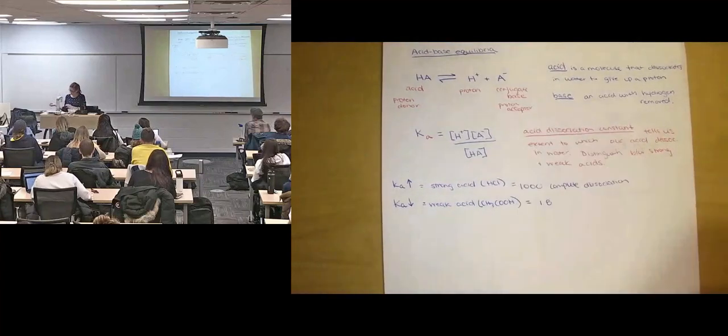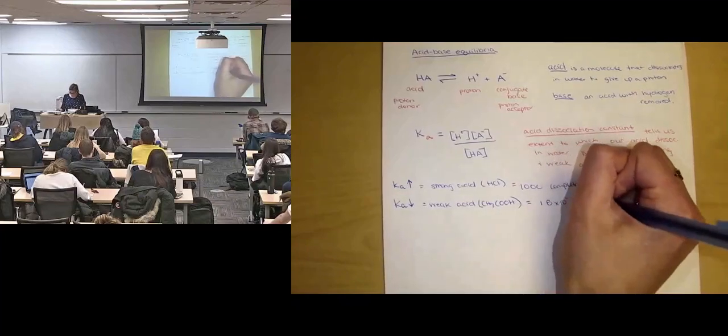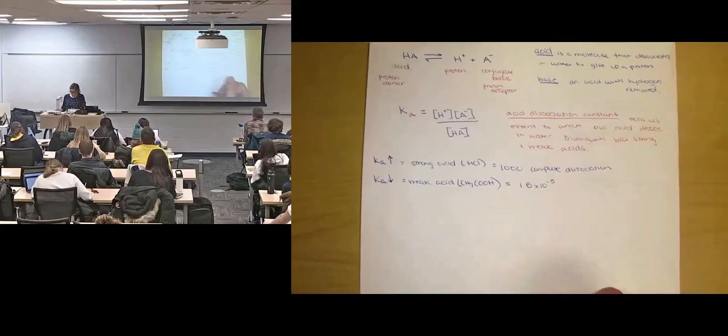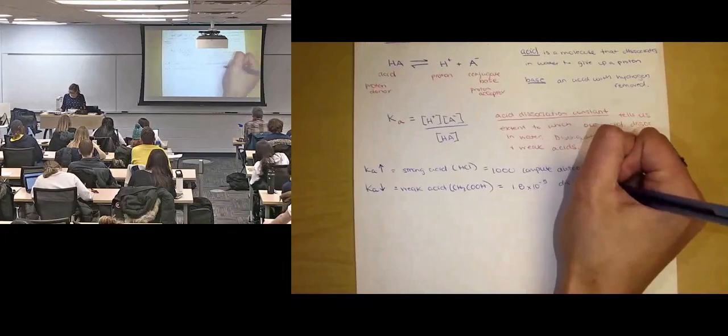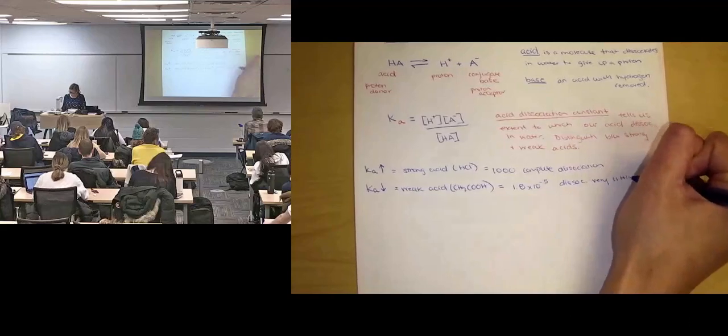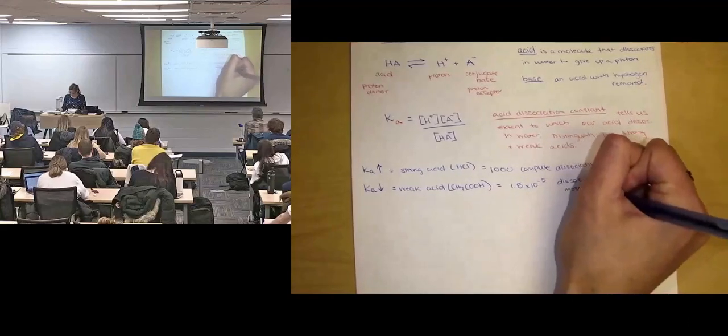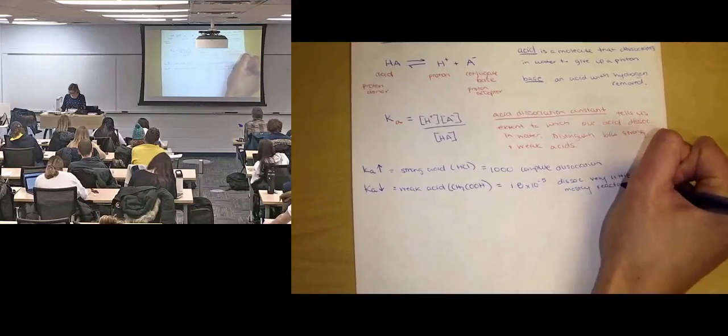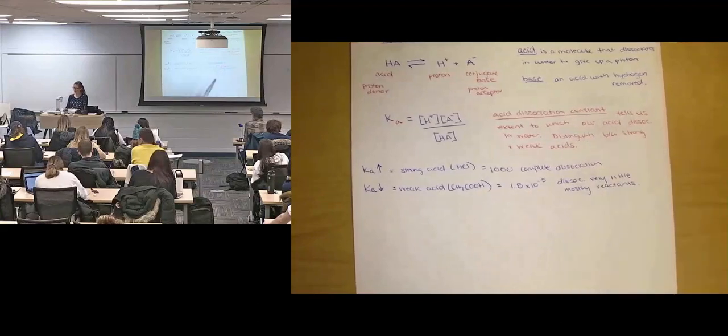Okay. So the acid dissociation constant for acetic acid is about 1.8 times 10 to the negative fifth. Okay. So dissociation is very little. We have mostly reactants. Okay. The acid stays as an acid.